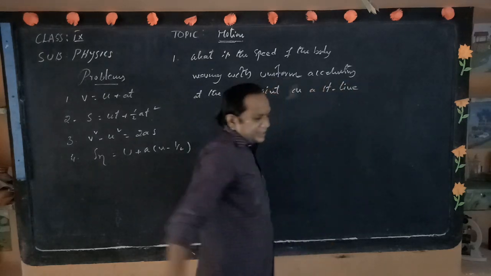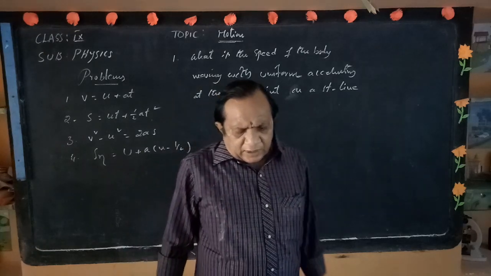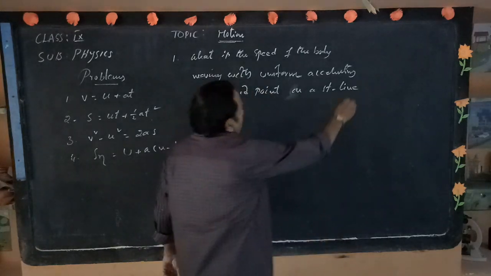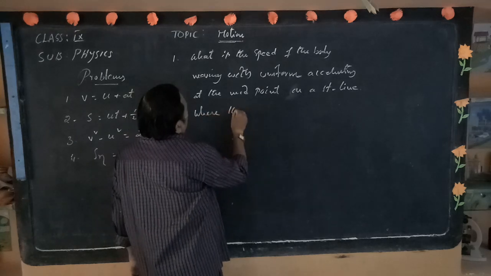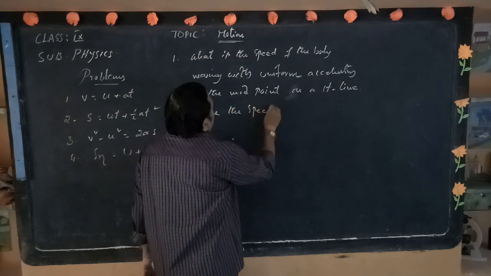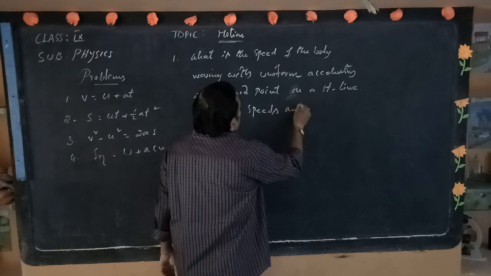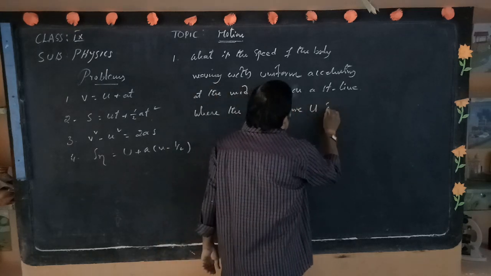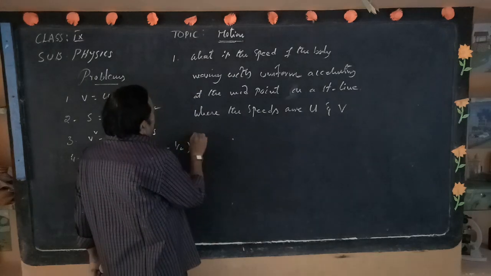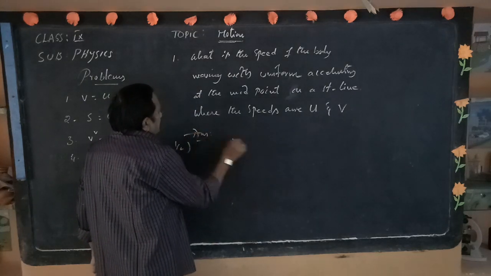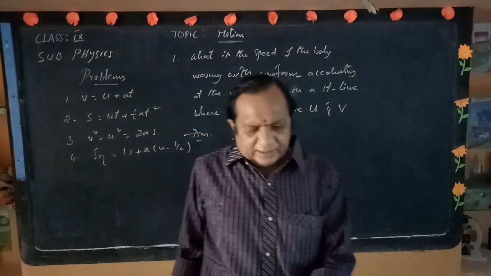ST line means straight line, where the speeds are u and v. U is initial velocity, v is final velocity. For this we can verify the answer.